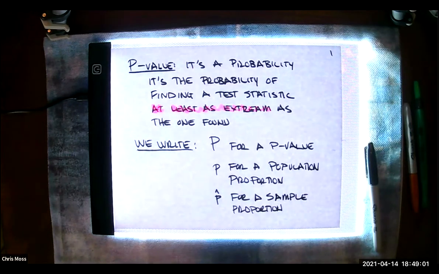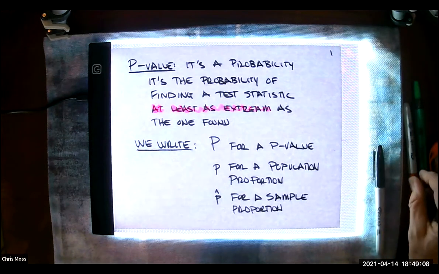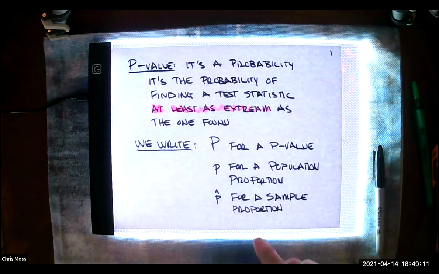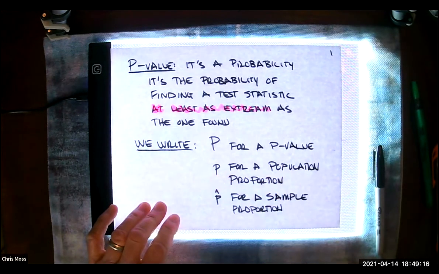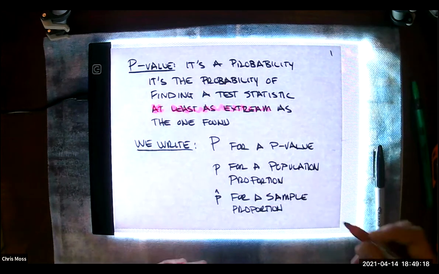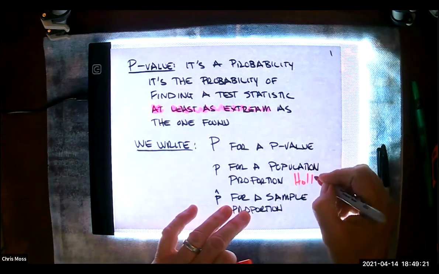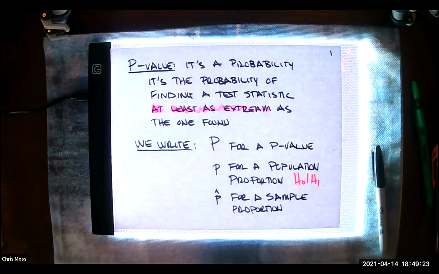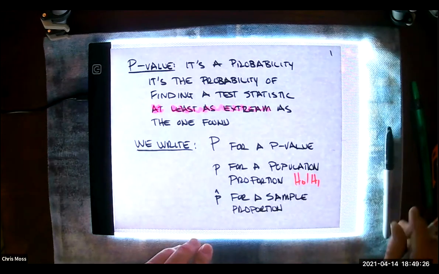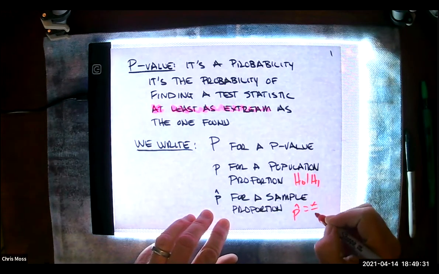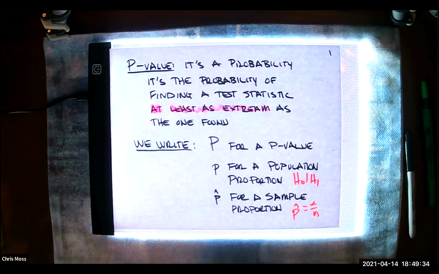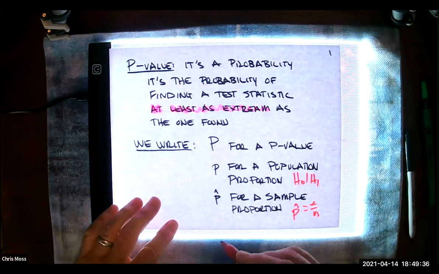And I've got to talk a little bit about the notation now. The p-value itself is written with a capital P. So if you see it in literature, big P, that's going to be a p-value. We also have little p, which is the population proportion that appears in H naught and H1 when you write that. And then there's p hat, which you get from your sample. That's that X over N. And it's not always obvious, and your calculator honestly does a bad job of it.